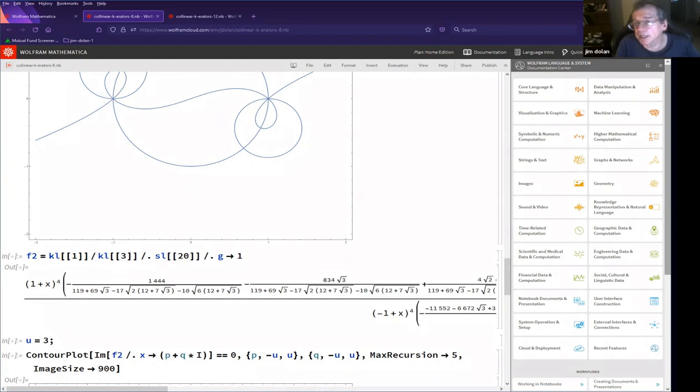It's something like you take GL1 over the Gaussian integers. Well, that's only a 4-element group, that's not very impressive. But if you take the pro-finite version of that, taking an inverse limit of GL1 over the finite quotients of the Gaussian integers, that's much more impressive. That's a big infinite pro-finite group.